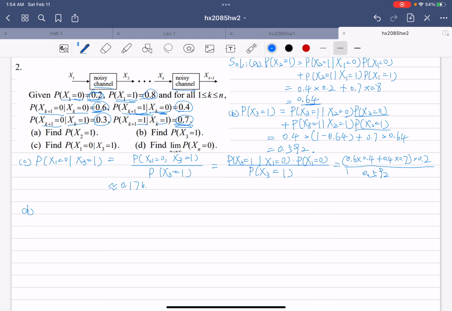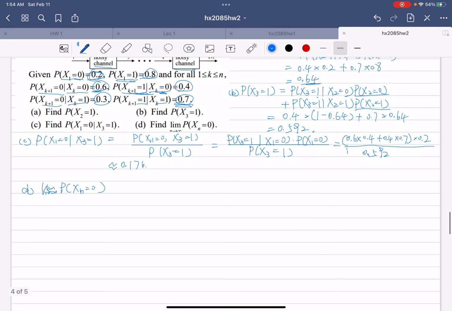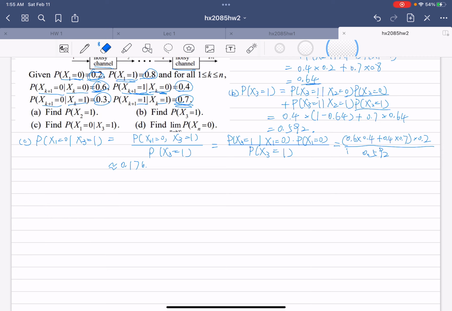Let's see the last part. We need to find the probability of xn equals 0, where n is infinity.